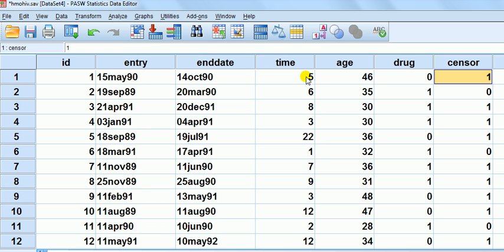So it's coded 1 to say that yes, it's the actual time of death. So individual 1 here, 5 months, this time is measured in months, into the follow-up, person passed away. The second case here, we have 6 months into the follow-up. That's from the start of the follow-up.